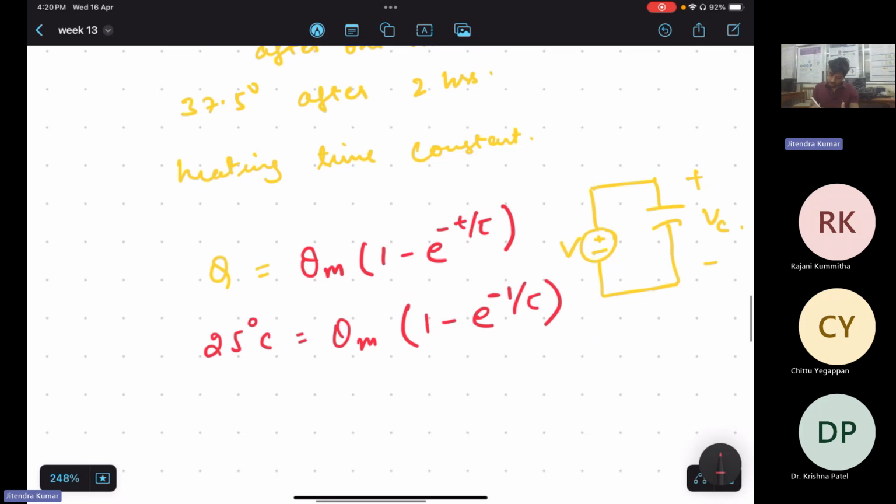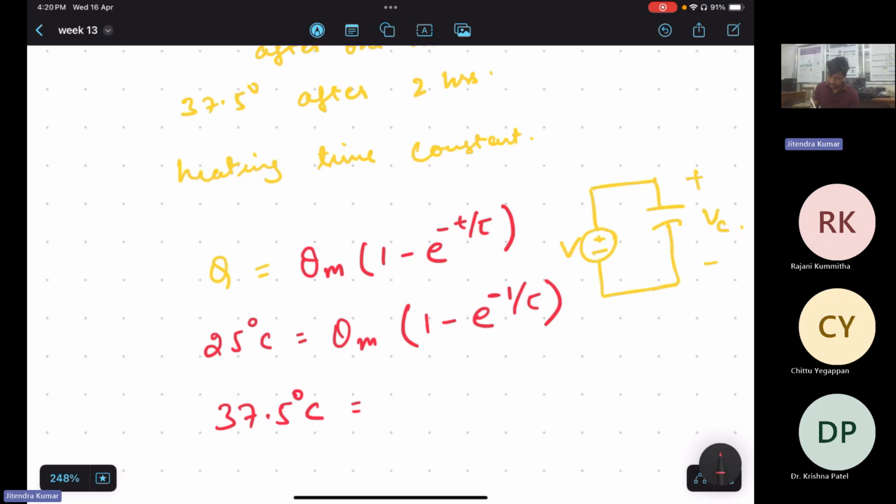Now after 2 hours, it is 37.5 degrees. We might need to change units, but if we are taking the ratio, there is no need to change. Otherwise, for equation based analysis, you have to write the units properly.